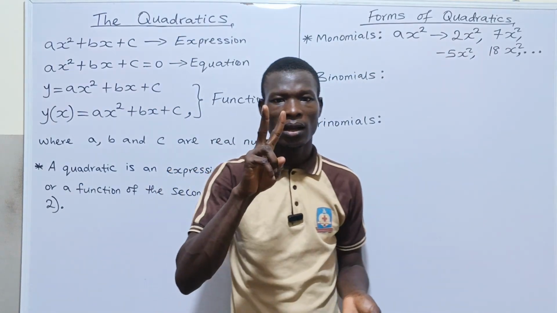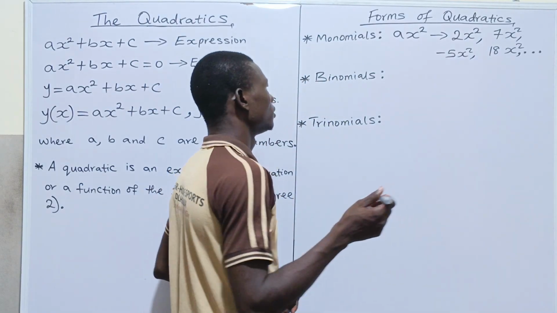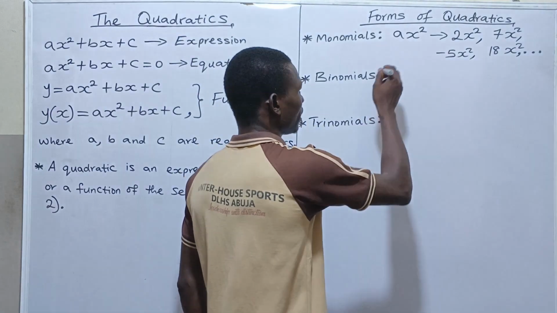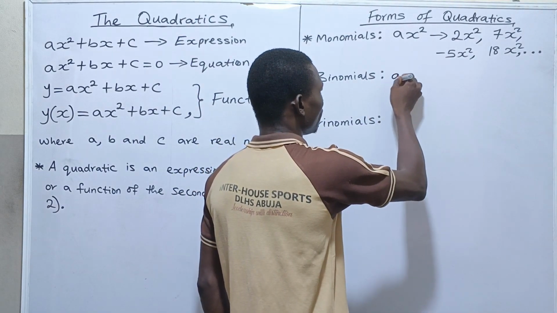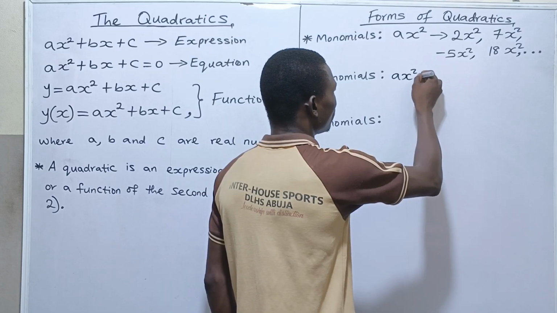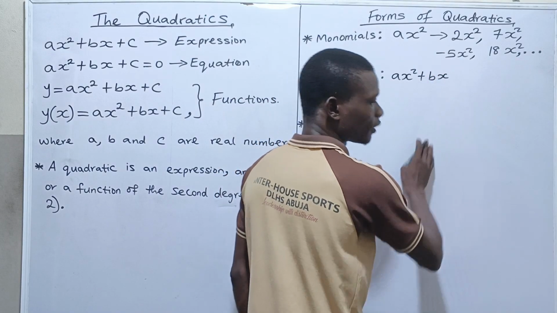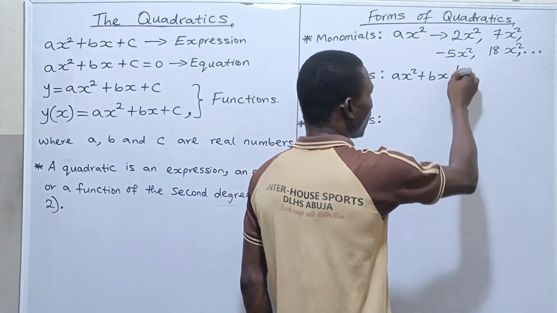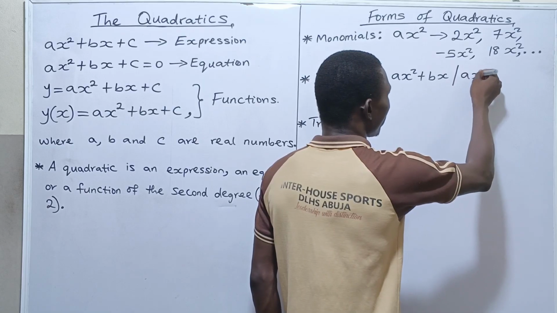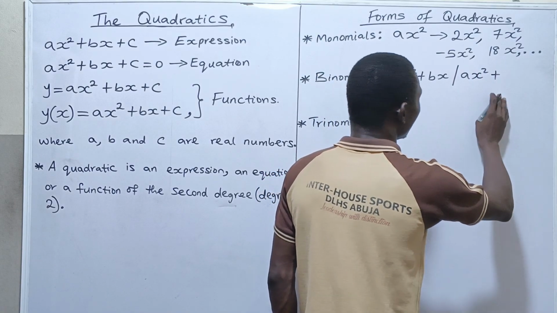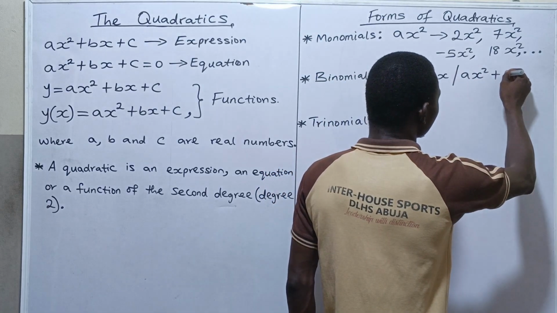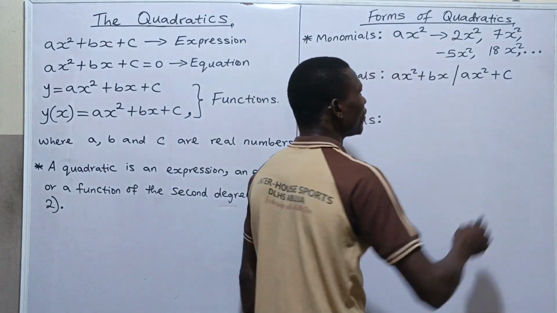Binomials are two-termed expressions. Two-term expressions, and binomials can be in this form: ax squared plus bx, or ax squared plus just the constant c.